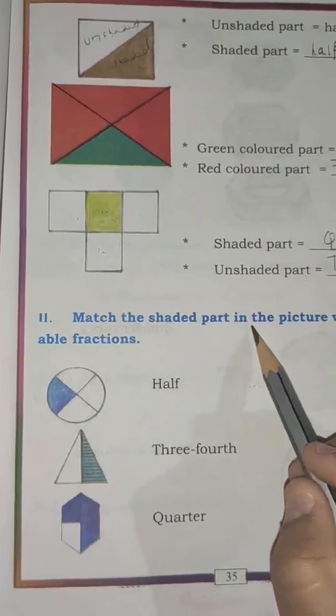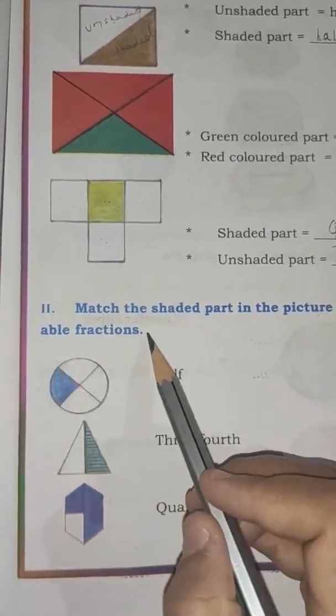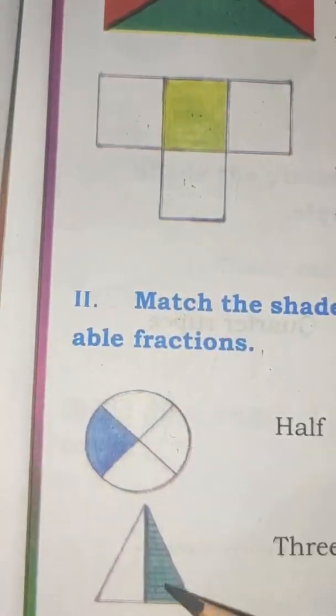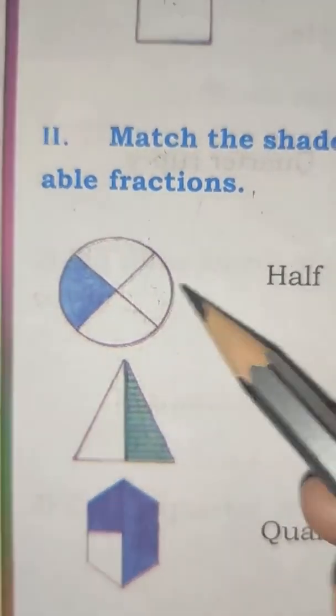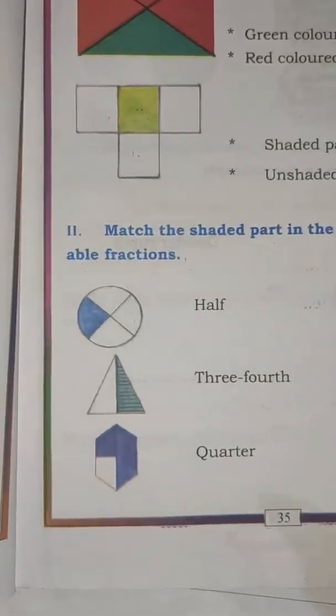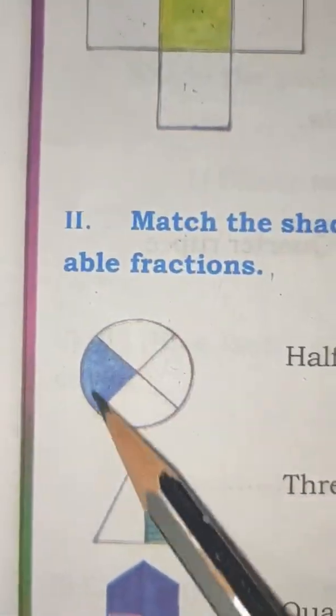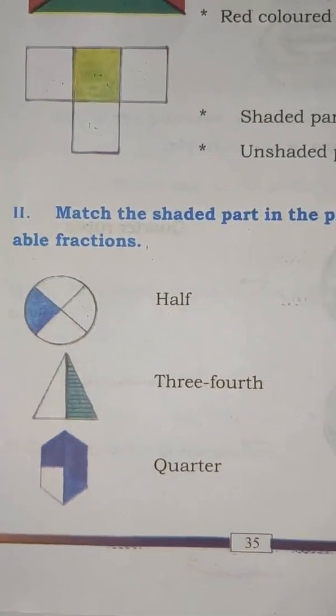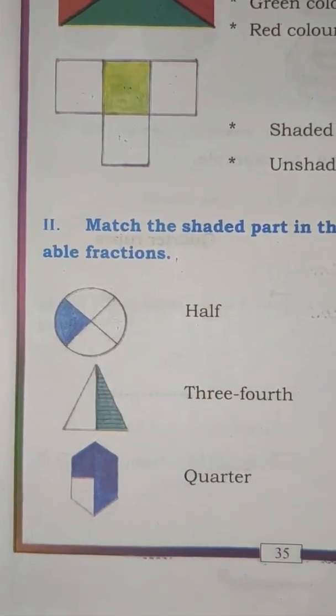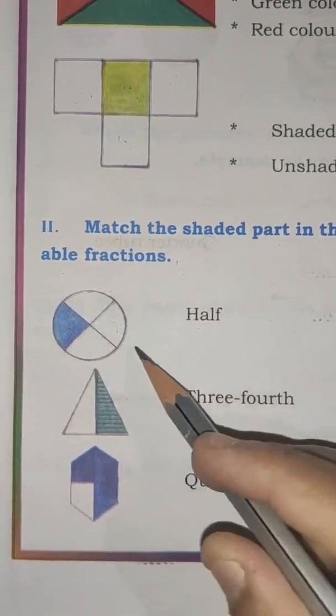Match the shaded part in the picture with suitable fractions. Here are the pictures and some parts of those pictures are shaded. You have to match with the correct answer. So the first one here. How many equal parts are there? There are 4 equal parts and one part is shaded. Means it is quarter.